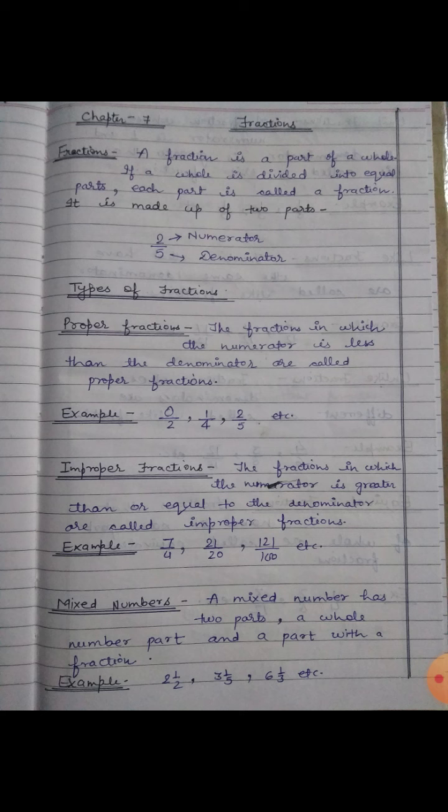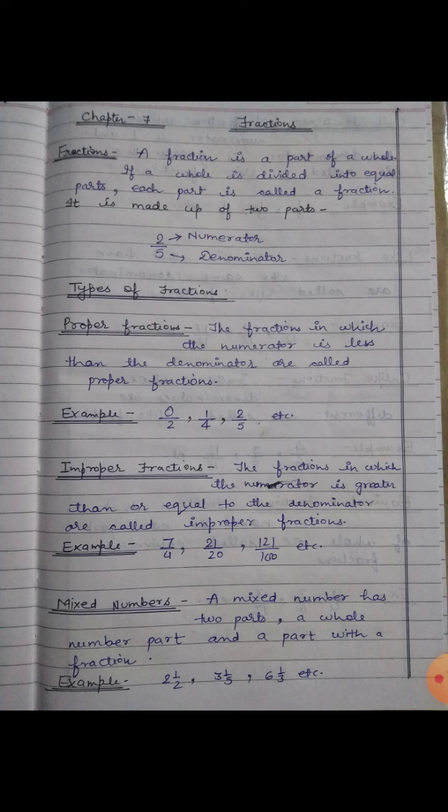Now come to improper fractions. The fraction in which the numerator is greater than or equal to the denominator is called an improper fraction. This is the opposite of a proper fraction. In a proper fraction the numerator is less than the denominator, but in an improper fraction the numerator is greater than or equal to the denominator.